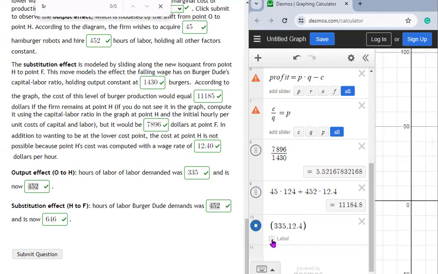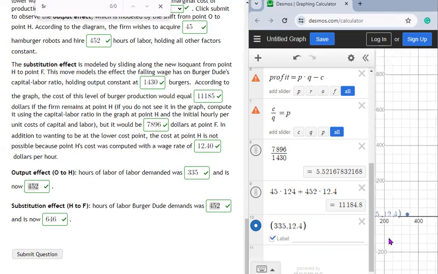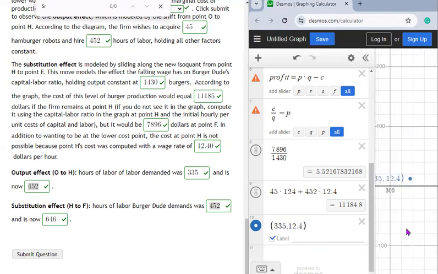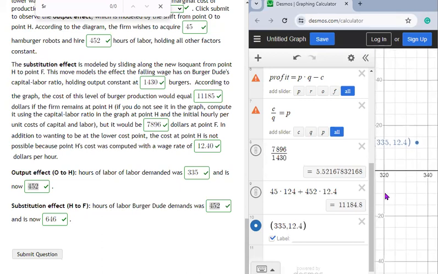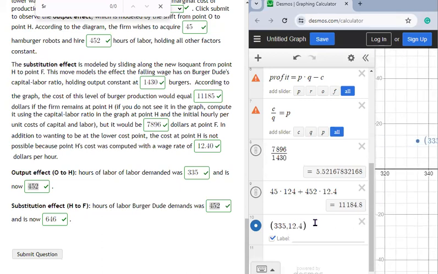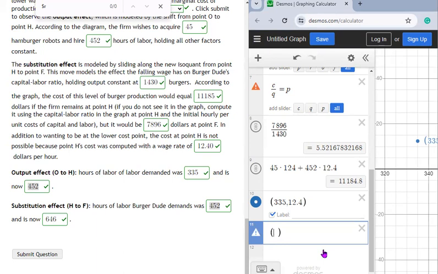Where's that point at? There it is, right there. Okay, that's the original quantity demanded for labor at the original wage, right? We ended up at a different point where labor demanded was 646 at a wage of what?